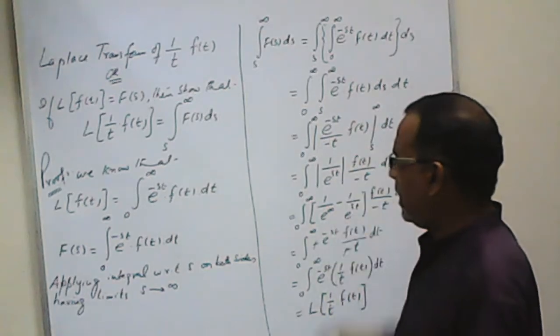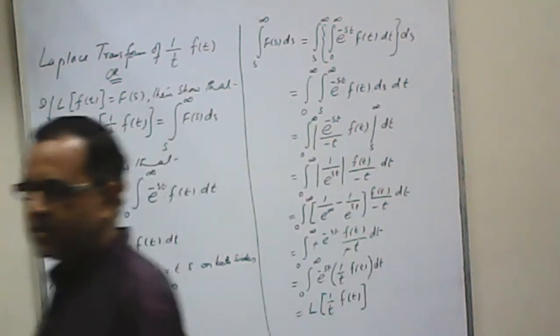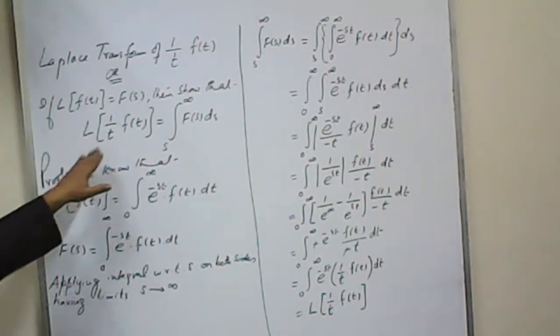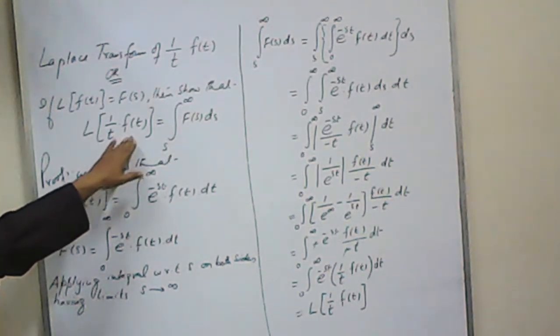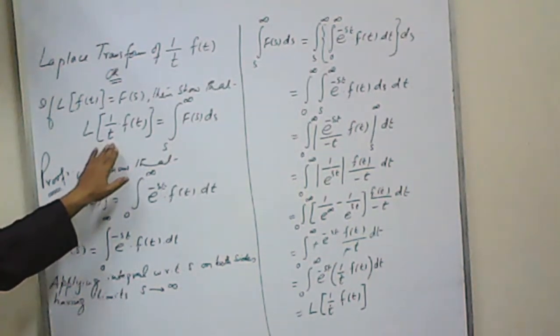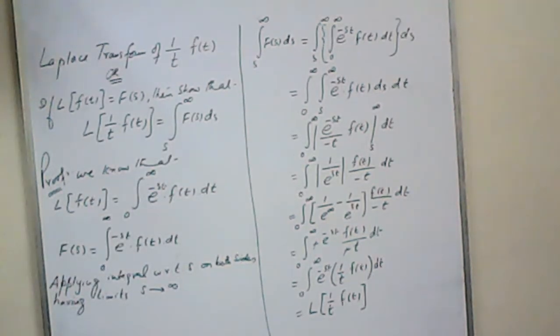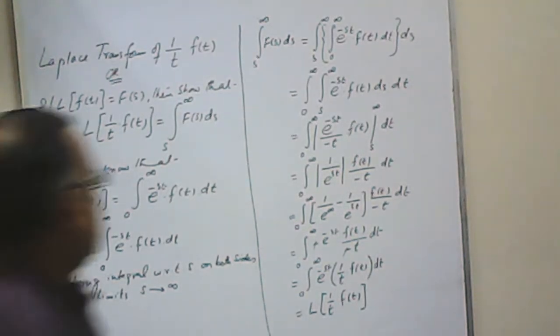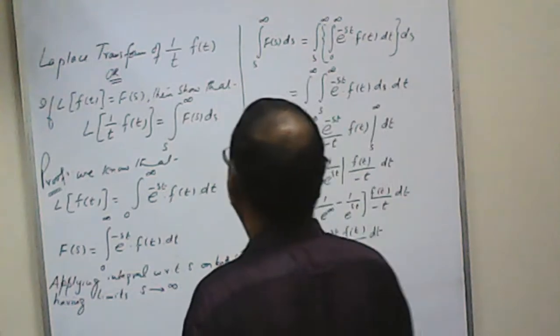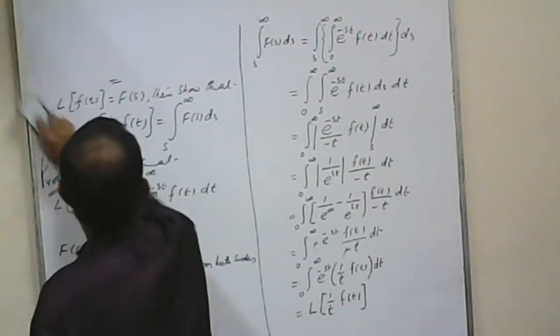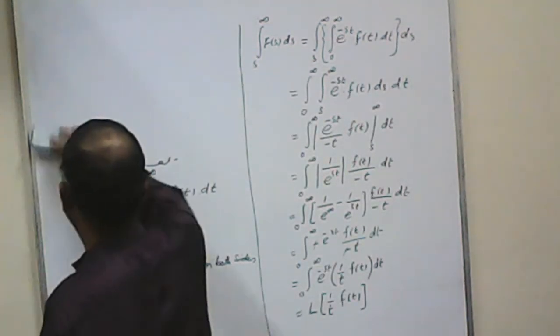So this is the way to derive this formula, which says that whenever you find the Laplace of function of t divided by t, then you need to integrate the right hand side, s to infinity function of s ds. Now I will solve a few examples for you before giving you some practice problems. So starting with a few examples.